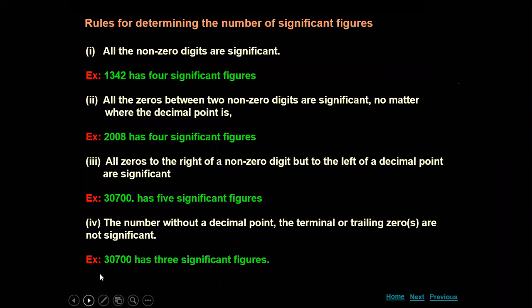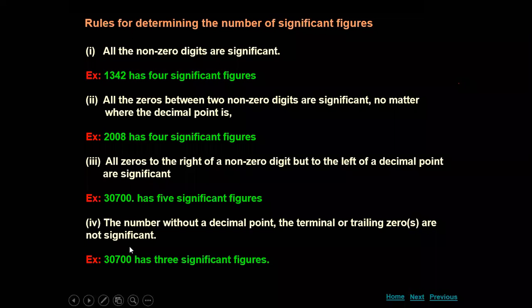Right, see, 30700 is there. Its value is 30,700, and in the third one also it is 30,700 only, but here they kept one decimal point, so that's the reason these two zeros became significant. We have to consider these also, these are certain now. Whereas here, in 30700, these last two zeros are trailing zeros.